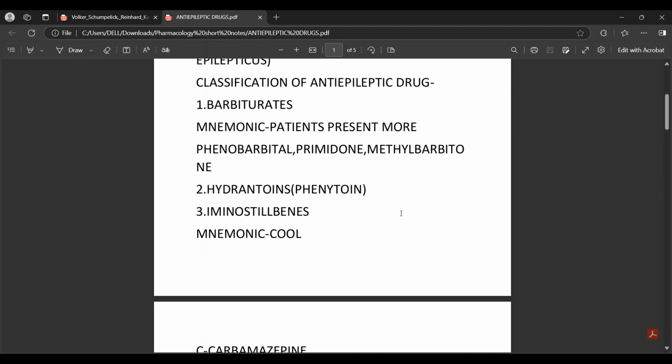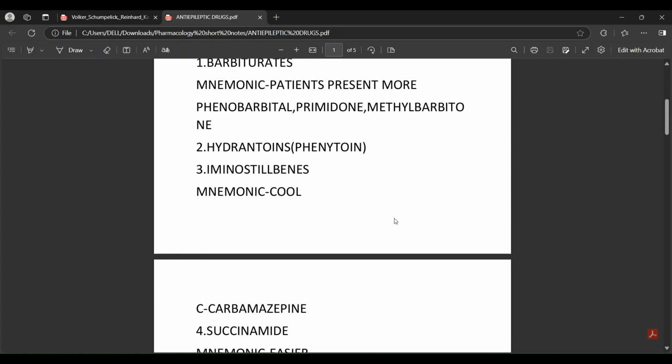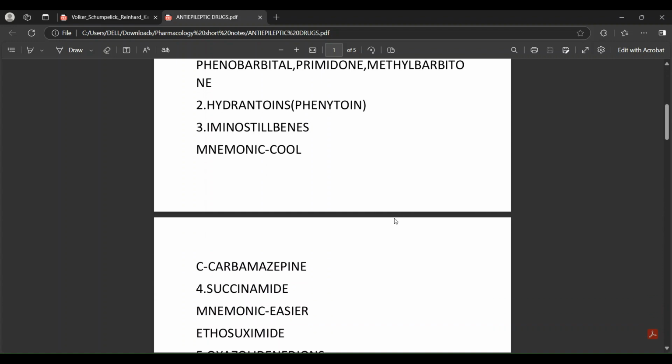And hydantoins, an example is phenytoin. When you talk about phenytoin, you have to know what phenytoin toxicity is, what the therapeutic dose is, and what the mechanism of action is. And this is not only an antiepileptic drug, it is an anti-arrhythmic drug also. And iminostilbenes, the mnemonic is "cool."